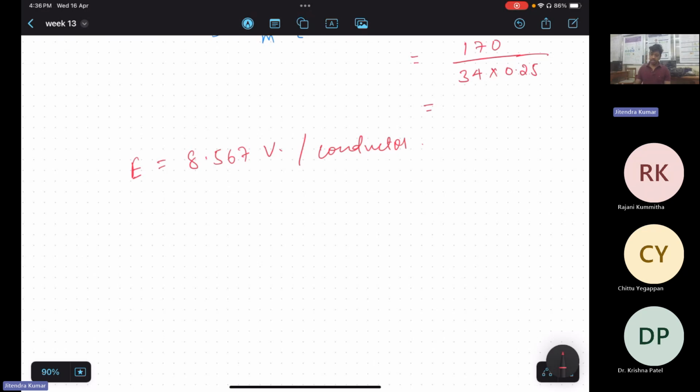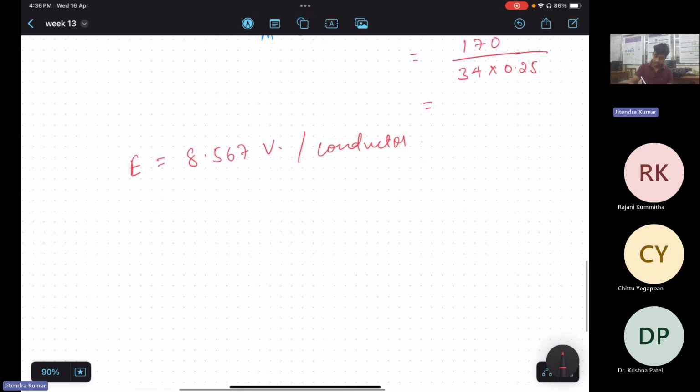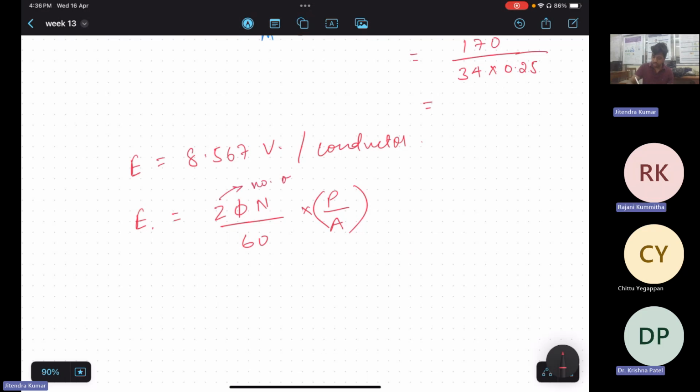So what is the EMF for the entire winding? EMF for the entire winding will be Z phi N by 60 into P by A, where Z is the number of conductors.